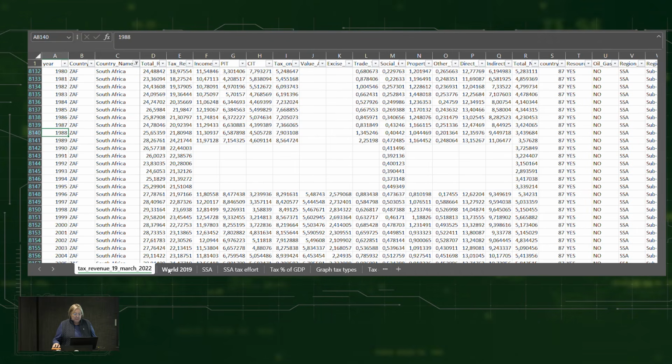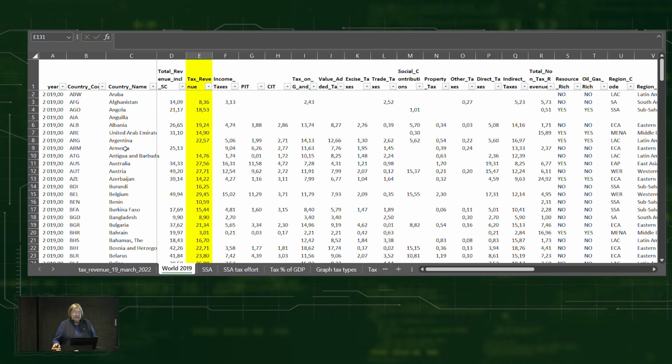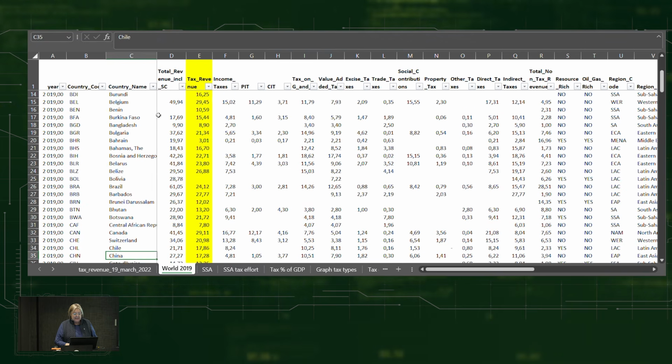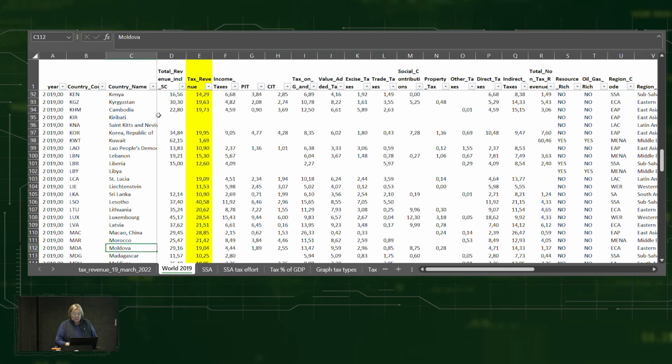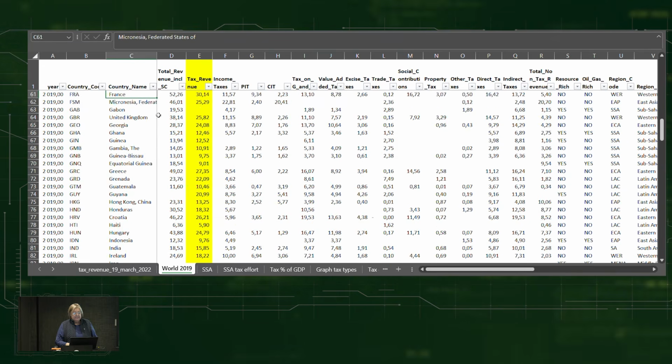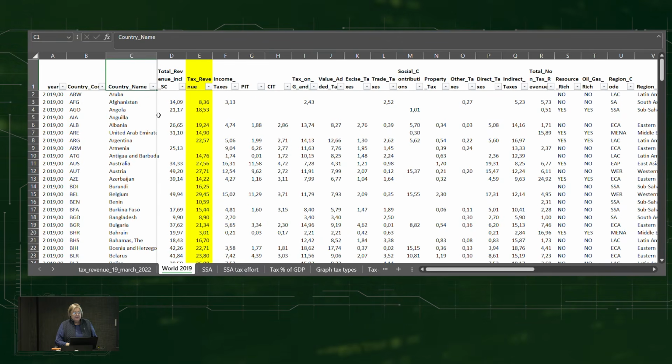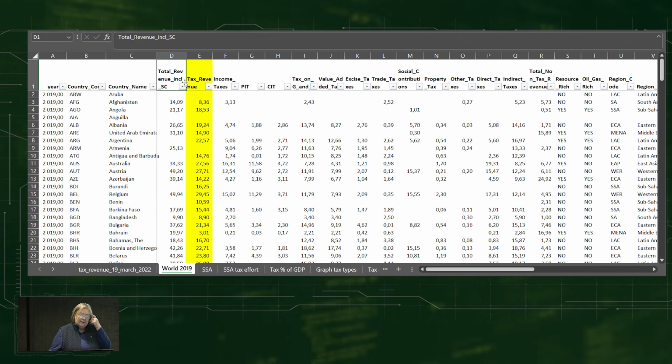Okay, so then you've got World 2019. So these are all the countries that you've seen in the alphabet. If you go down the alphabet, that is where we selected and you selected your country. So these are all the countries in the database with their country code and the year of the data that we're looking at. And it will also tell you the tax revenue, including social security.